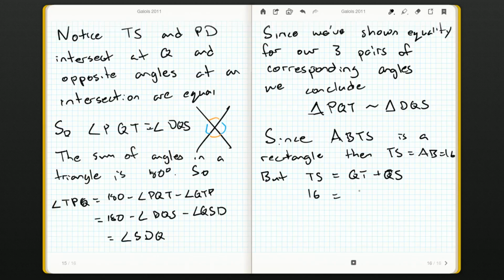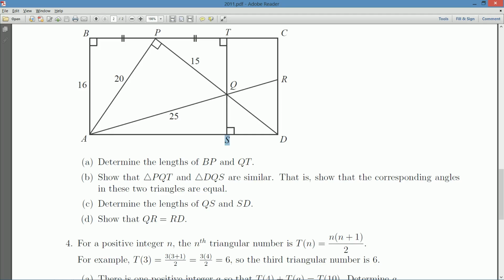So that's 16 is equal to 9 plus QS, just by using part A. So QS is equal to 7. Well, that's one of the ones we wanted. Now we want SD. But once we know one of the side lengths here, we just figure out its corresponding side length in the triangle that we're similar to. And that should tell us the ratios of the other sides. We should be able to work the whole thing out. Okay.